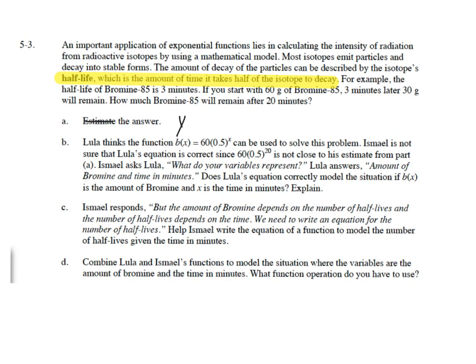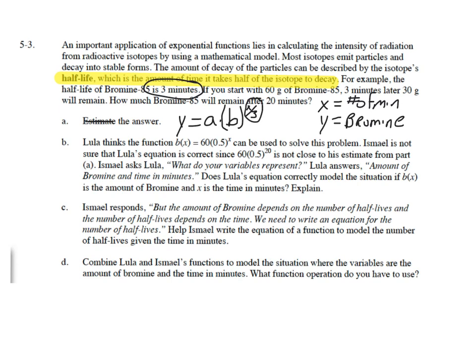Y equaling our initial value, A, times a decay factor of B raised to, we're going to be thinking about this, x divided by 3 because it says for every 3 minutes. So that means if x is representing the number of minutes, and y is the amount of bromine, then if we have 3 minutes of time that have transpired, this exponent would be 1.